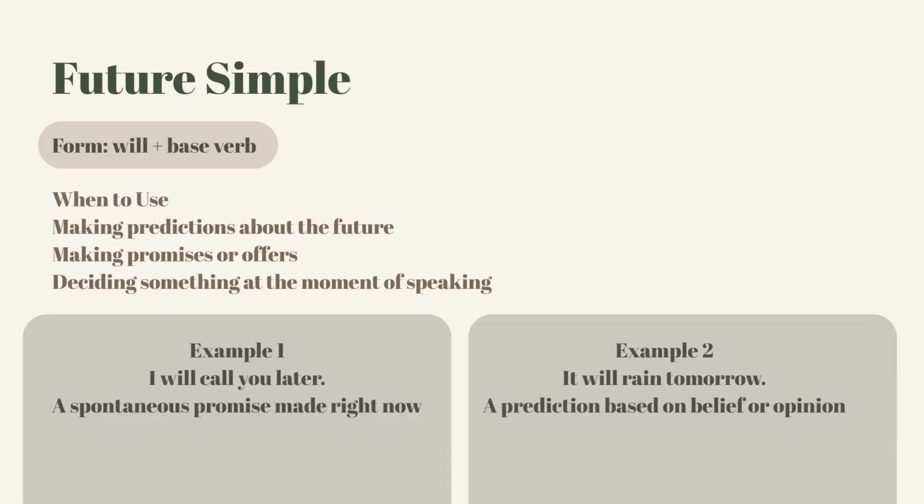I just want to give you a few more examples in future simple because it's something that we use quite often and I really want it to be good for you guys. So let's see. What can we say? Let's say that, yeah, she will be 18 next year.